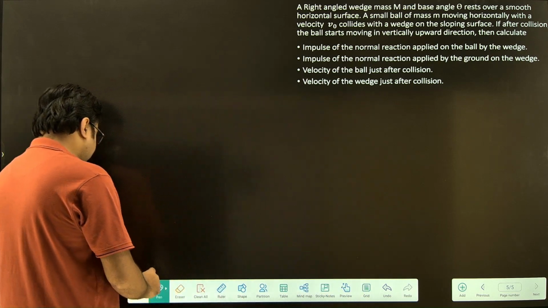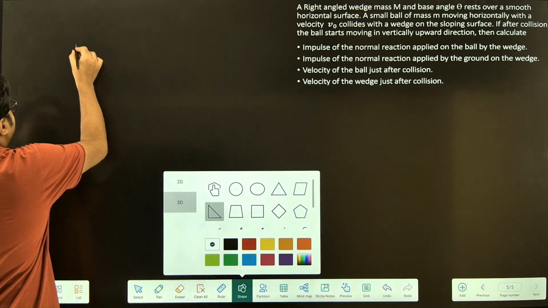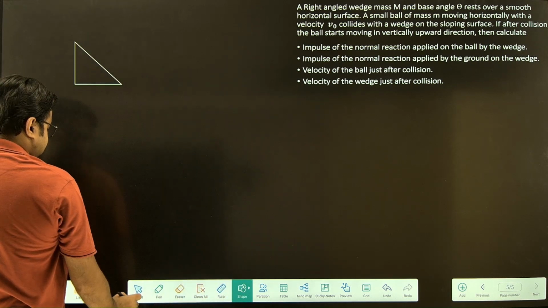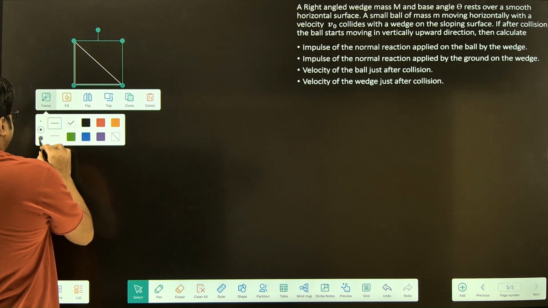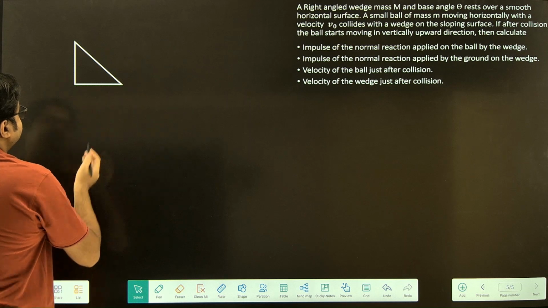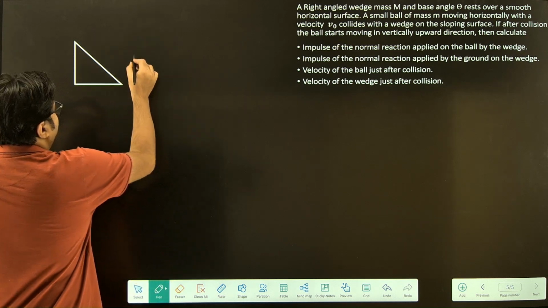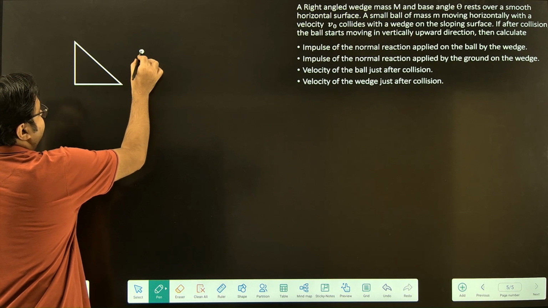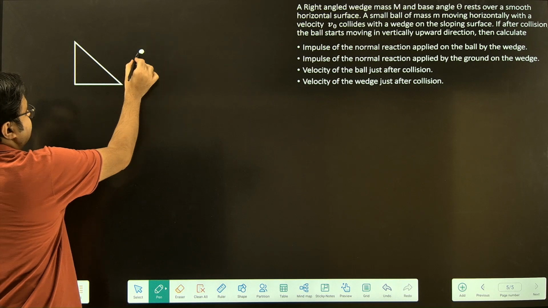Let's try and understand the question. I have a wedge here. Now that's a wedge. So here we have a wedge, and then I have a ball. The ball is heading towards the wedge horizontally.